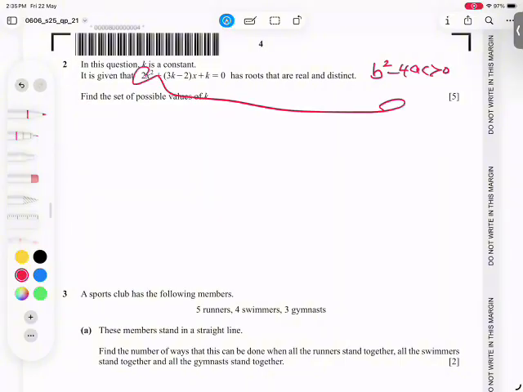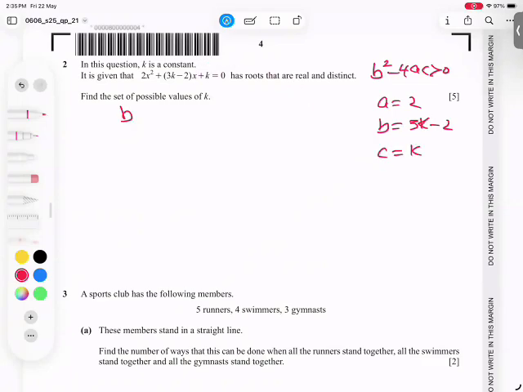This 2 is the a value, the coefficient of x is the b value, and this is the c value. So I'm applying the formula b squared minus 4ac more than 0, where b is 3k minus 2 whole squared, a is 2 and c is k.